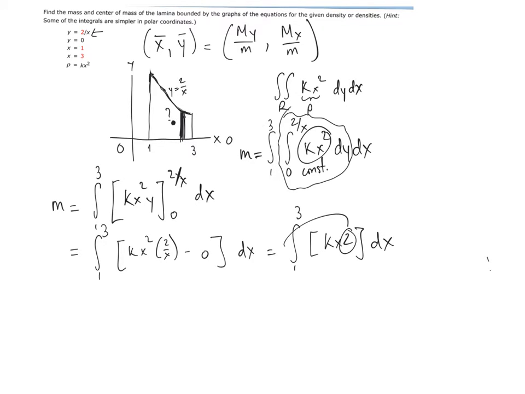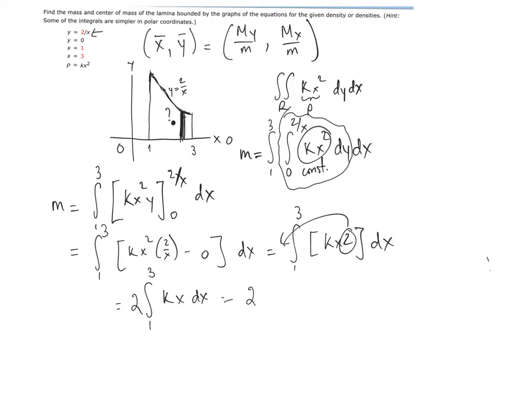You can pull out a 2 in the front, so you get 2 times the integral from 1 to 3 of kx dx. Now it's very straightforward.